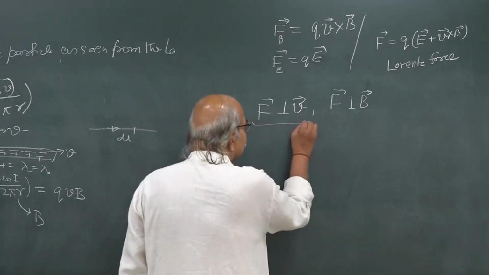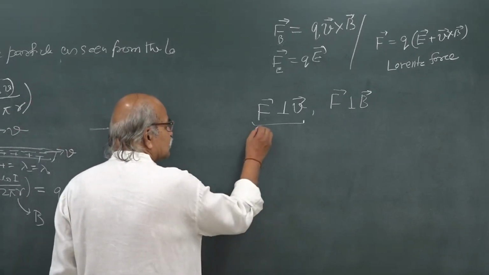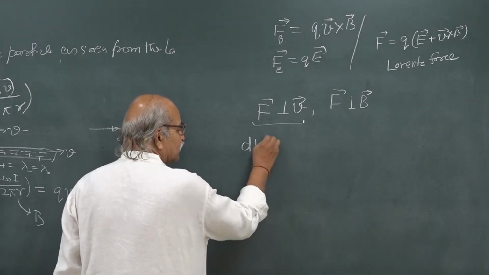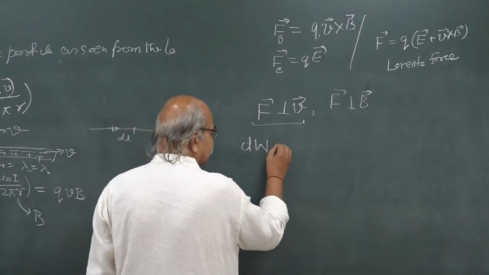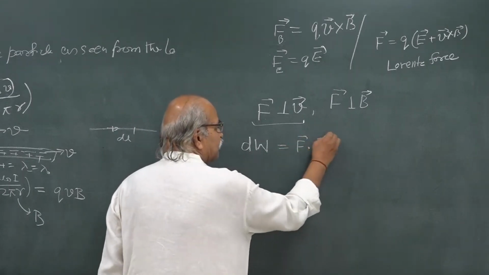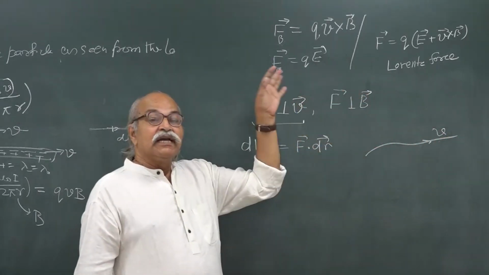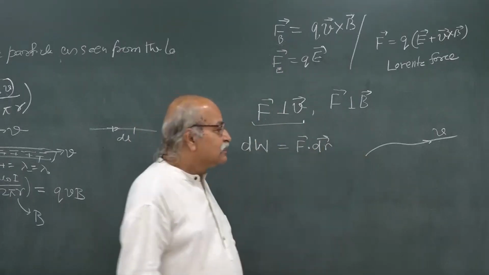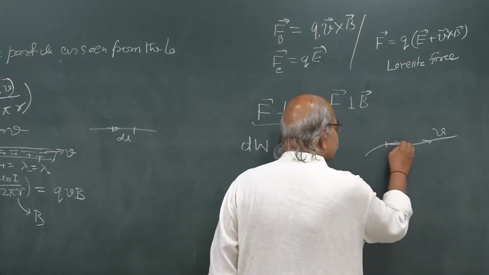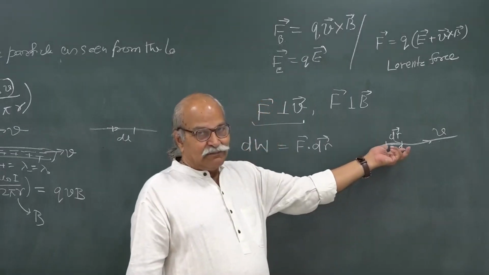Now, this has a very interesting consequence, because you know that the work done by a force in a small time interval dt is given by F dot dr. So, if you have a particle which is moving on this path and there is a force on it, then in any time dt when it goes from here to here, this is that dr, and in this time interval how much is the work done by that force.